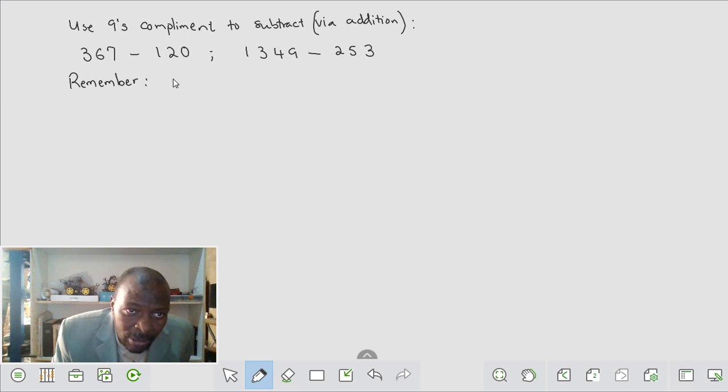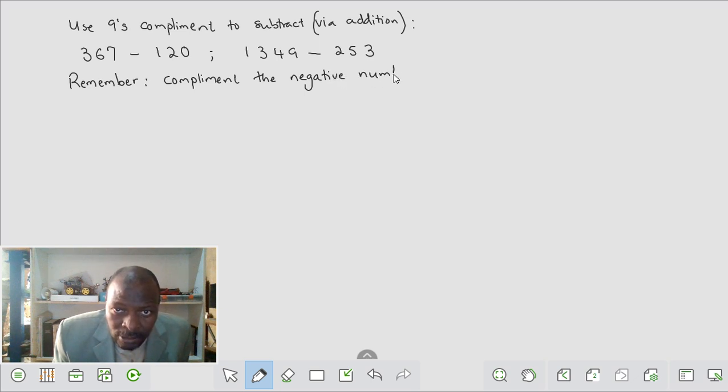What you need to remember is to complement the negative number. So the one that we are subtracting in this case is the negative number.